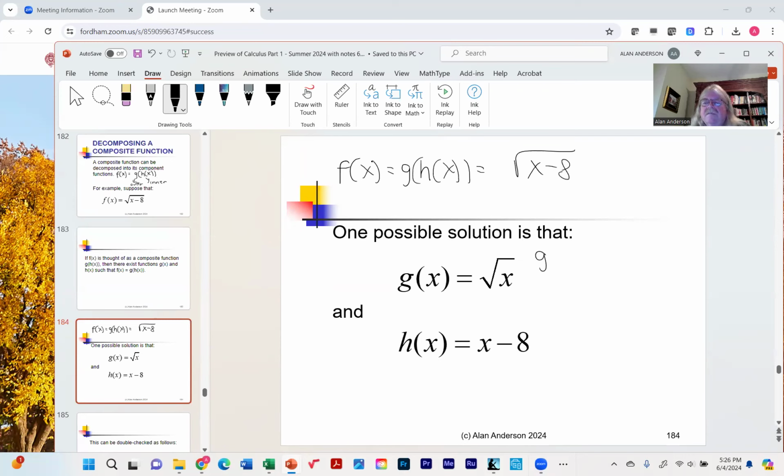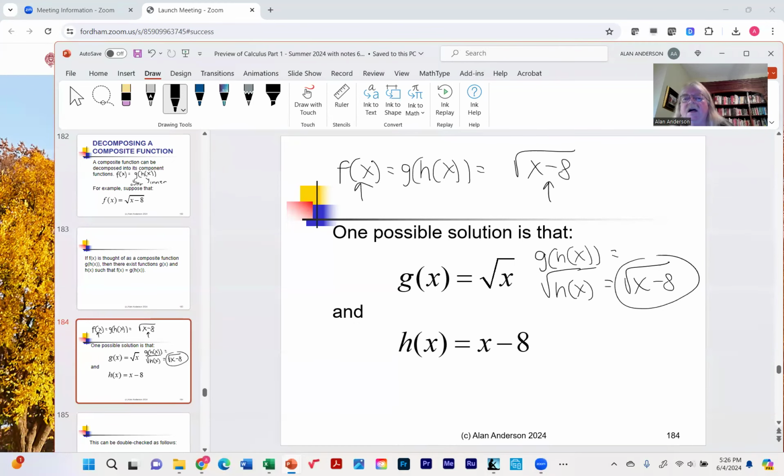And you can see if these are our functions, g of h of x would mean radical h of x, which is radical x minus 8. And that means that this original function can be thought of as itself a composite function. It's not obvious when you look at it, but you can see that it's possible to decompose it into two individual functions like this.